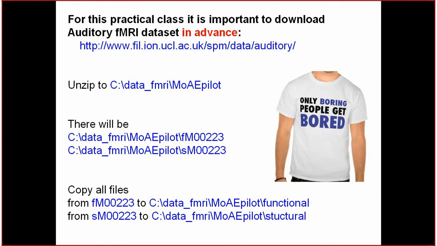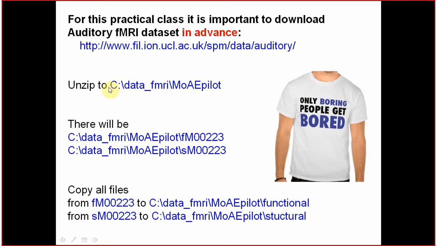And this is another important thing you had to do in advance. The download of the auditory fMRI dataset. Hopefully you did it. It is available on the same site, and you see the link.